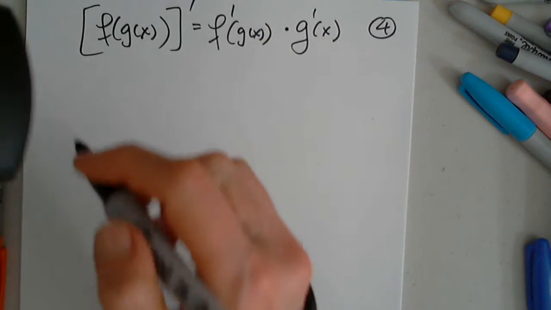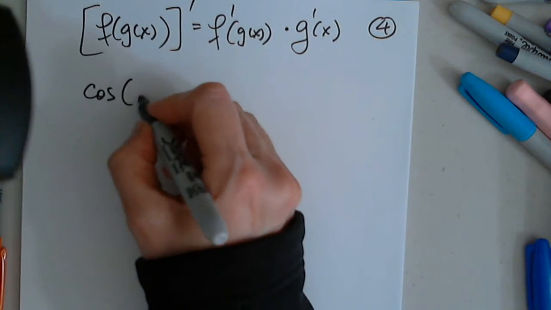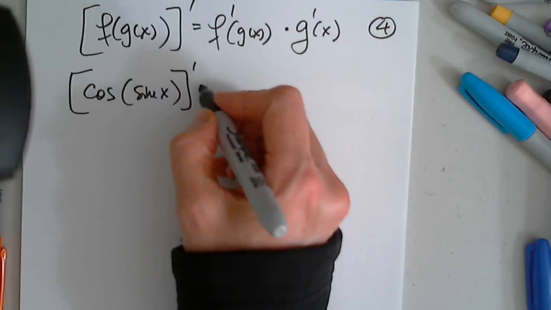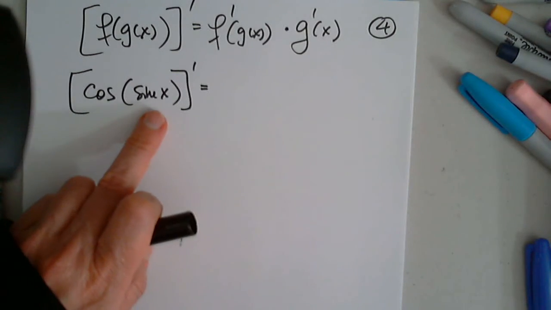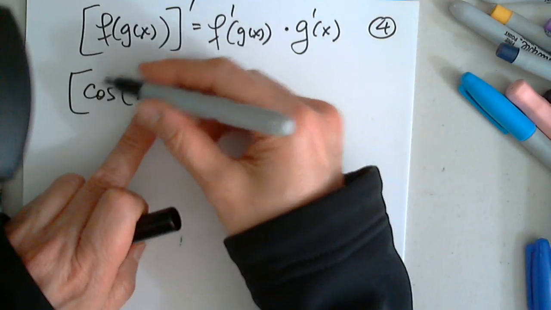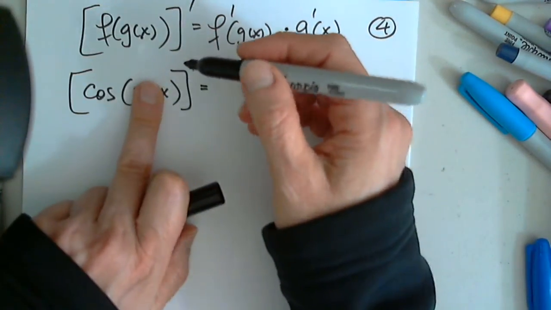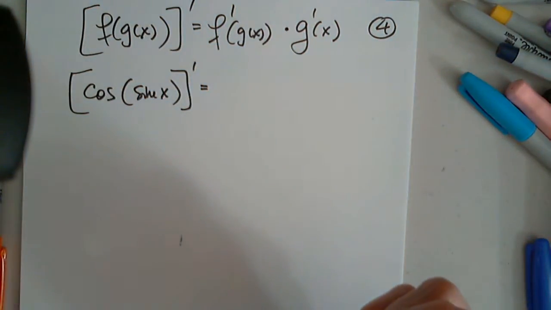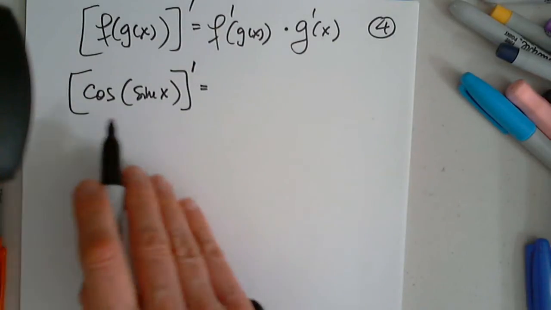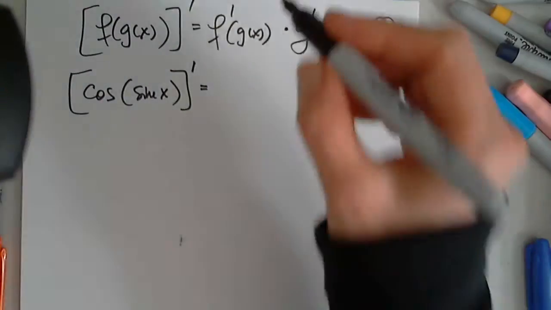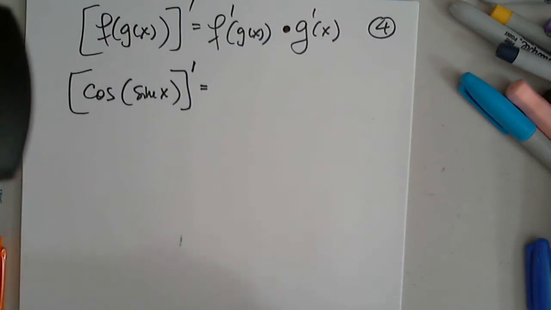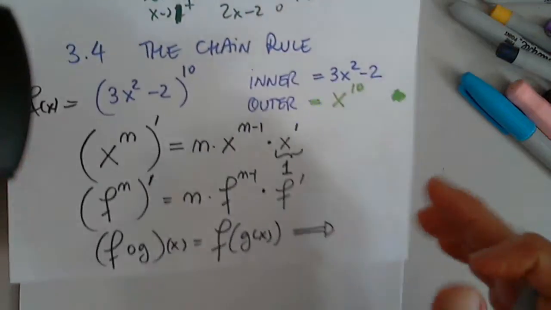For example, if I have cosine of sine x and I want to differentiate, sine x is the inner function. I have to evaluate this first and then cosine. If I get here whatever, then I apply cosine to it. But not when I differentiate. When I differentiate, I start from the outer and go to the inner. And remember, it has to be a product, in all these situations when we use the chain rule.